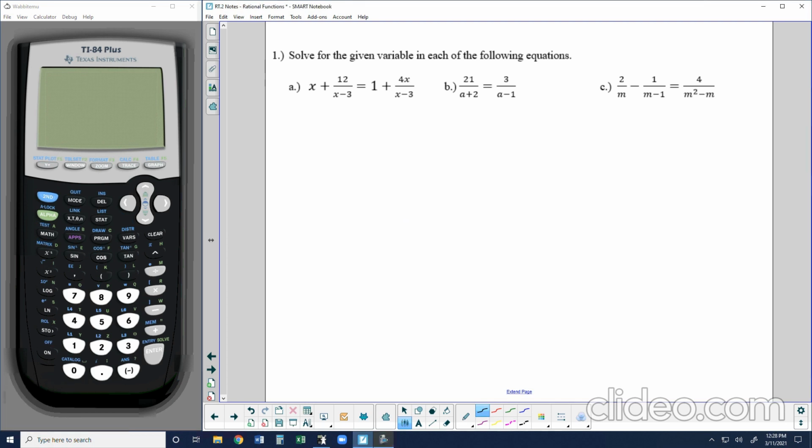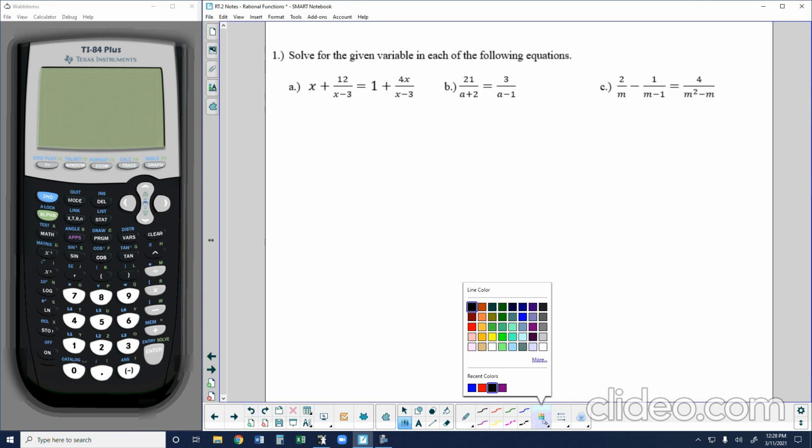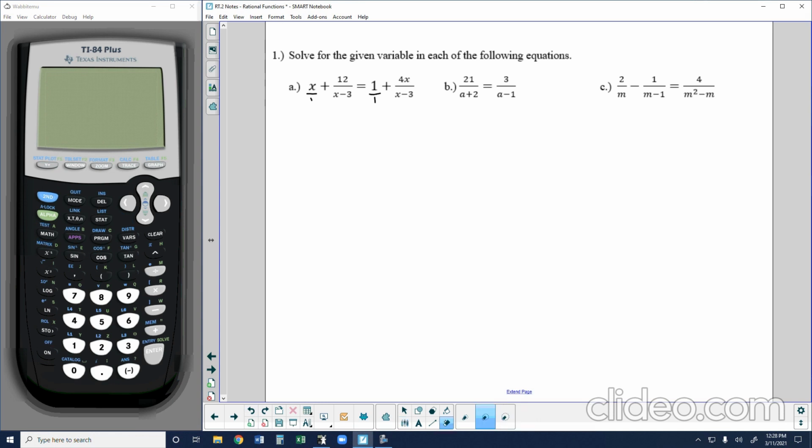Looking at the least common multiple of the denominators, two of these have the factor 1, and the other two have the factor x minus 3. So if I multiply by the least common multiple of 1 and x minus 3, which is x minus 3, then the fractions will eliminate each other.